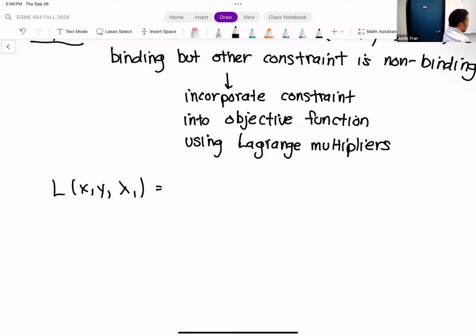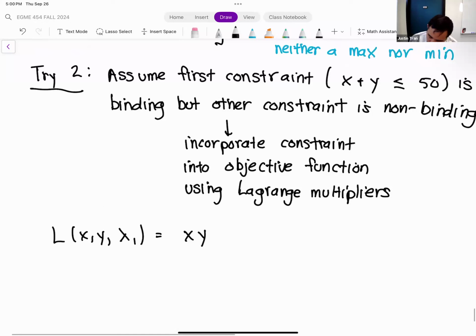Right, so remember the way we form our Lagrange function is that we include our original objective function. The original objective function in this case is x times y. And then to that, we're going to add another term that incorporates that constraint. Oh, by the way, before we do that, let's put our constraint in standard form.